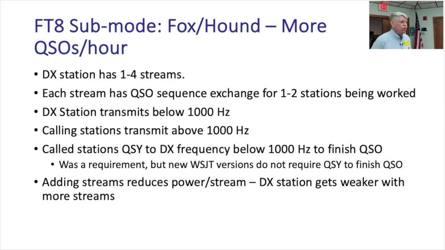If he goes to 4 streams, then it's another 3 dB down. So I've seen cases where the guy was at minus 17 and he said, well, I'm going to add another stream or 2, and all of a sudden I can't copy anymore because it gets too weak. So that's one of the disadvantages of this mode. Next slide.